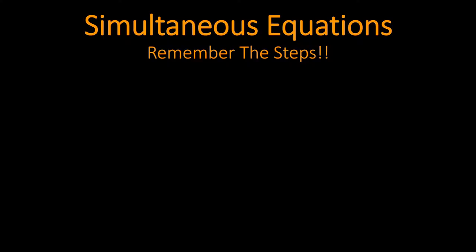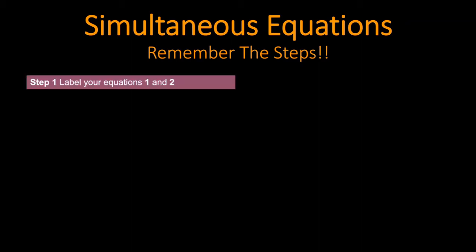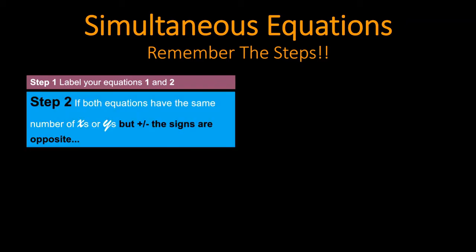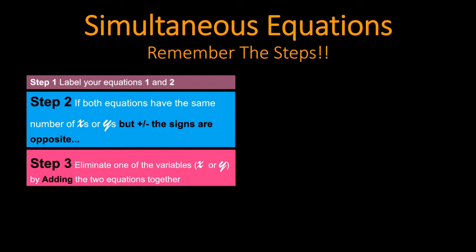Remember in our first two lessons, I outlined the steps for solving simultaneous equations, but they change a little bit depending on the situation. The first step is always the same, however. We label our equations, equation number 1 and equation number 2. Step 2, if both the equations have the same number of x's or y's, as we did in the first lesson, but here the signs are opposite, so one's positive and one's negative, we're going to eliminate one of the variables, either the x variable or the y variable, by adding the two equations together.